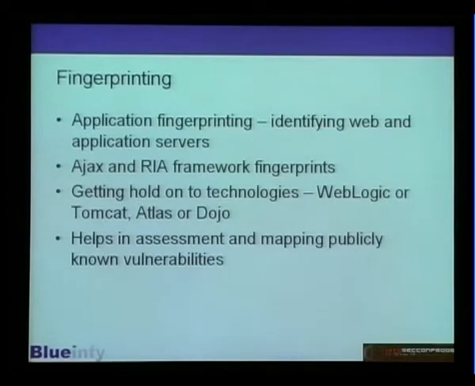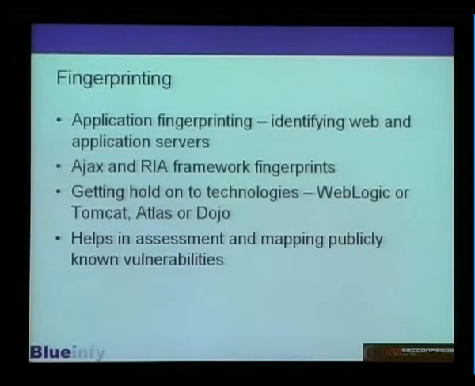Fingerprinting is about the application framework. We want to know which web server they are running, and on top of it which web application server. Then we can do discovery, go for crawling 2.0, and then do scan strategies to fuzz or scan the application and come up with secure coding or a firewall.